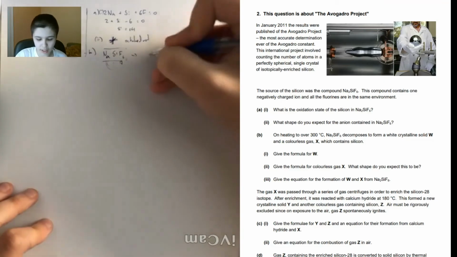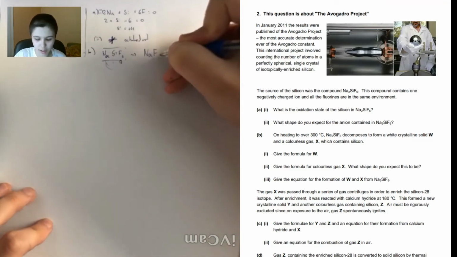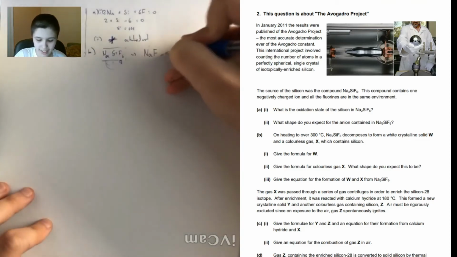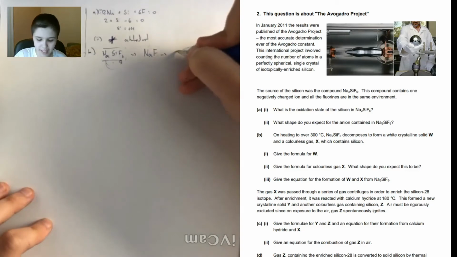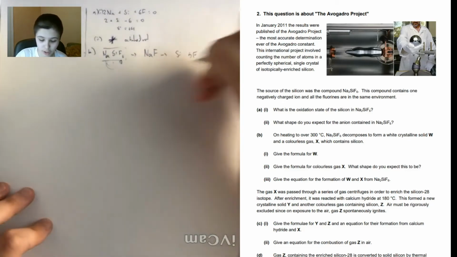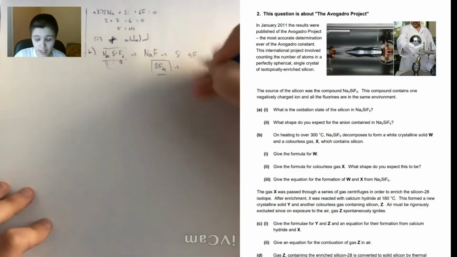But a plausible candidate for the white crystalline solid would be sodium fluoride, and in that case we'd have silicon and 4 fluorines remaining, which gives SiF4, which has a tetrahedral structure and is a gas.